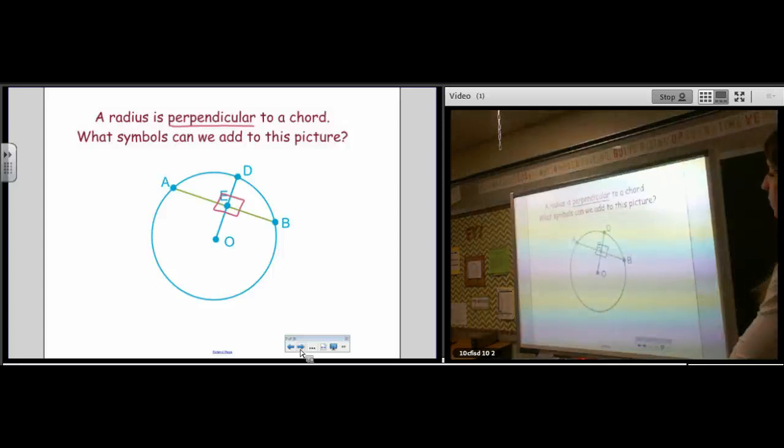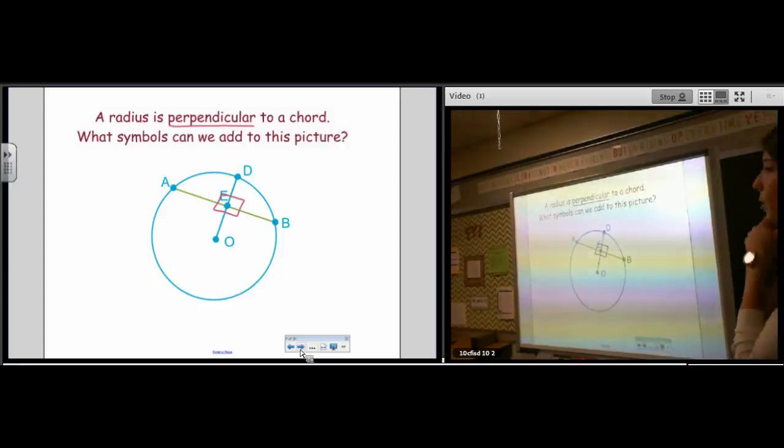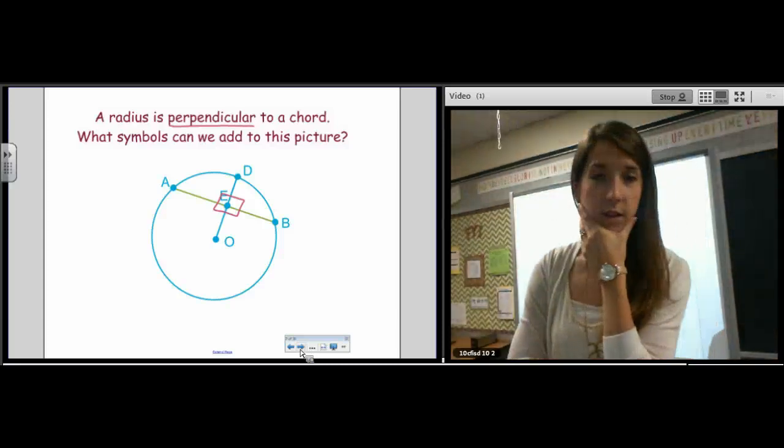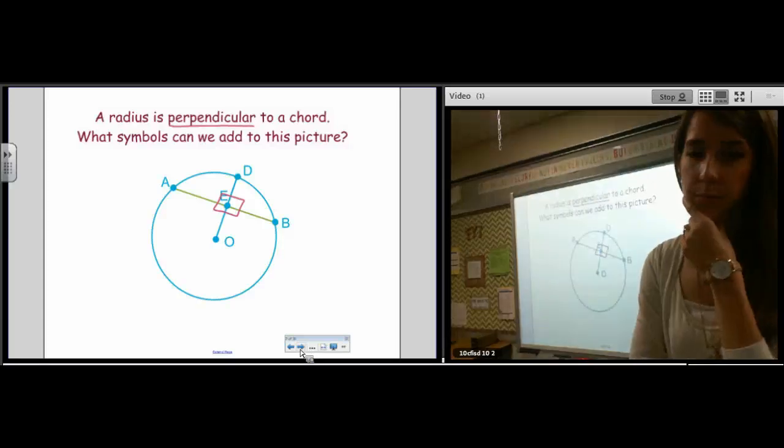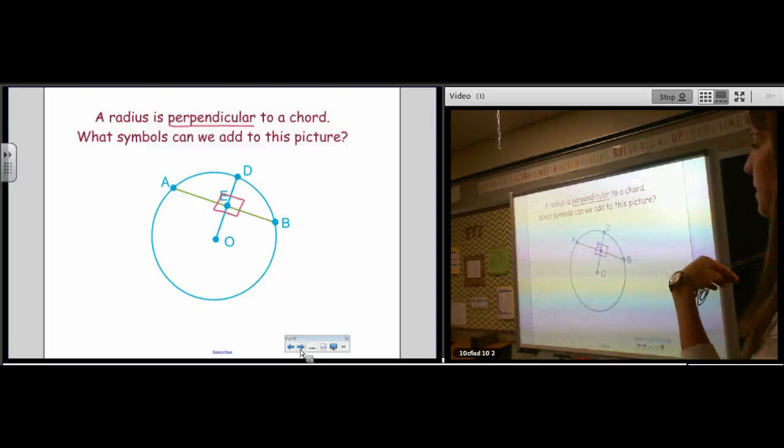So that is given. We have a radius, and we've got a chord, and they're perpendicular. And I want to know what else we can conclude in this picture. So what do you think? What would have to be true if those are perpendicular?